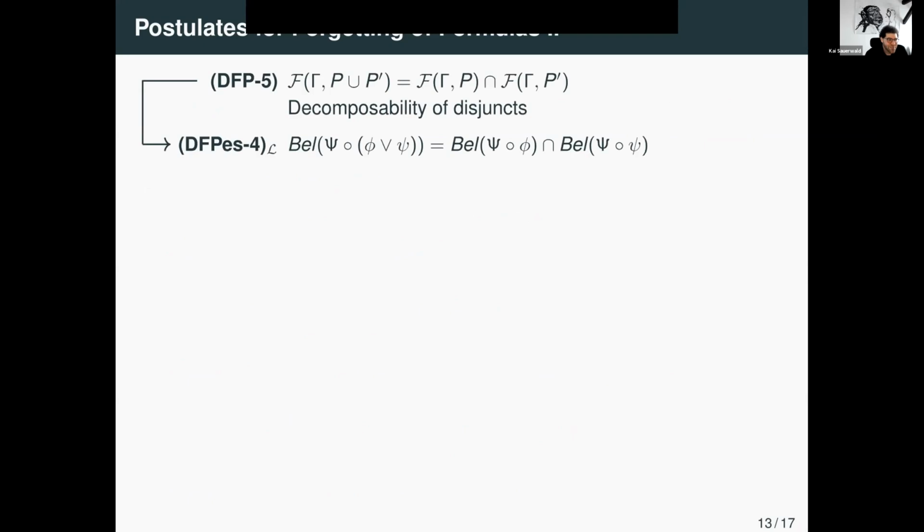There are more postulates to look at. DFPF5 and DFPF6 also talk about the case where you have multiple atoms you want to forget: you can split them up, do it independently, and then combine the results together later on. For us, this should of course apply to disjunctions.